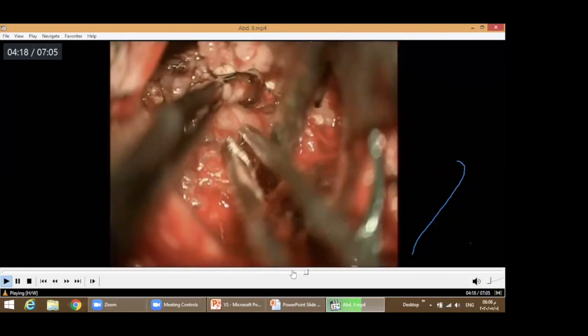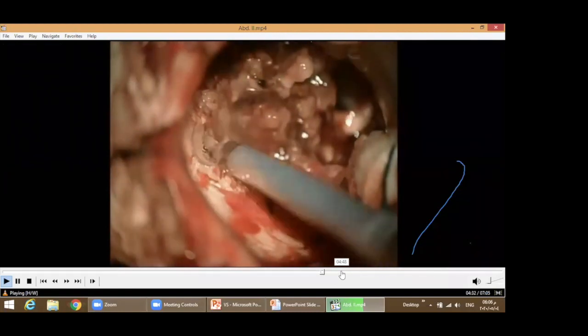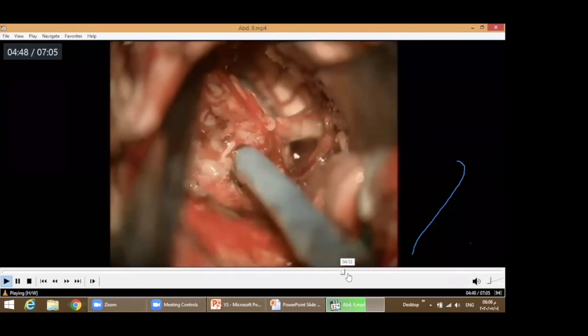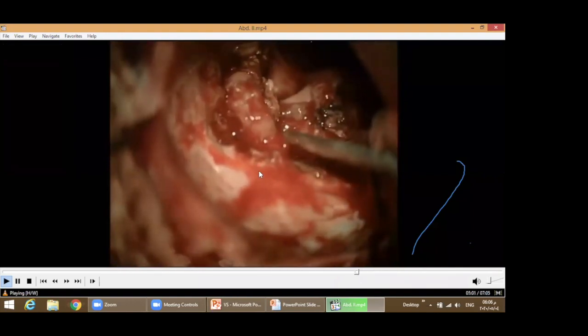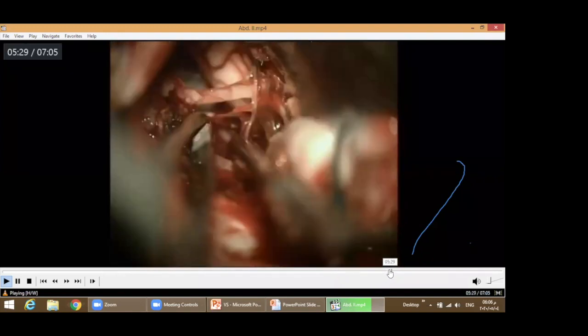This is the nerve here. Very careful dissection. So this is the nerve, this is the tumor inside the canal. So you see the nerve towards the brainstem, you see it towards the canal, and you remove the tumor.